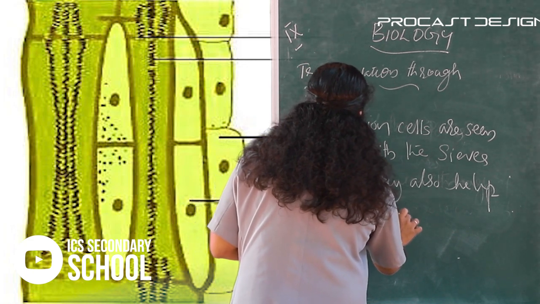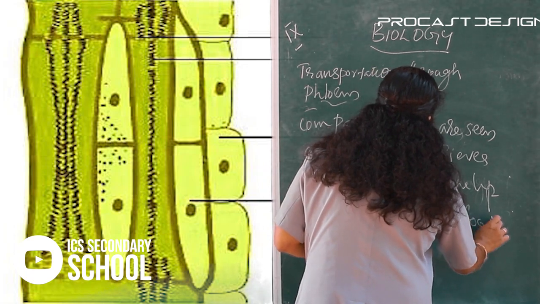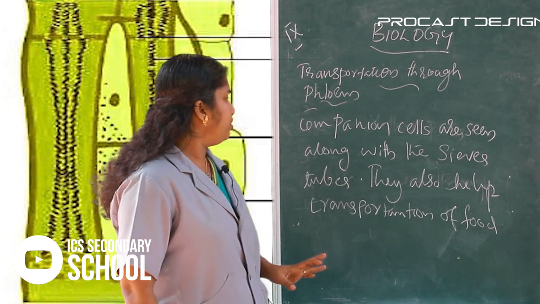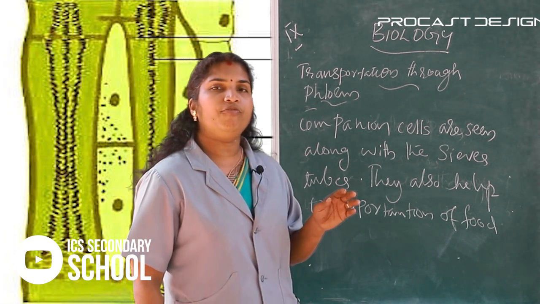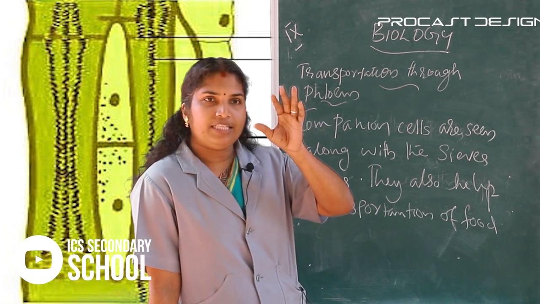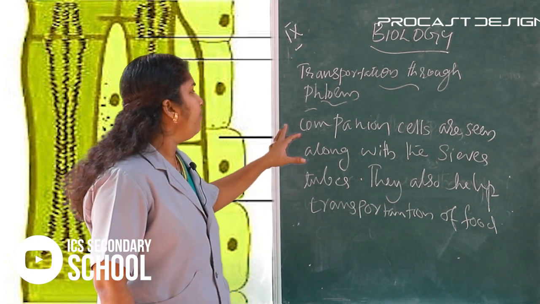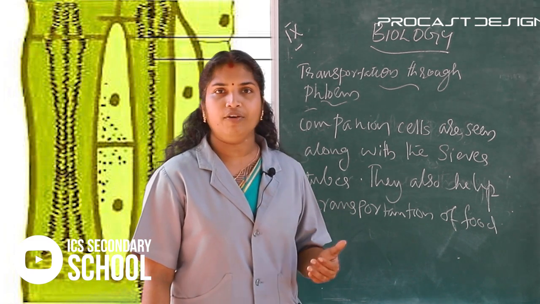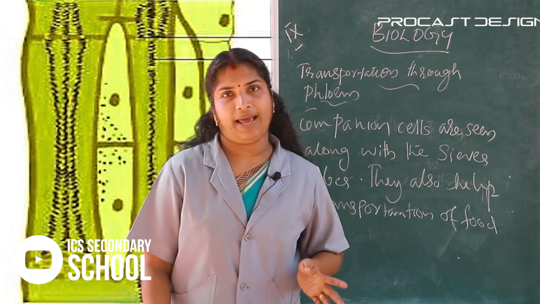Transportation of food. Last point: companion cells are seen along with the sieve tubes and help in the transportation of food. The food, in the form of sucrose, is transported from the leaves where it is synthesized to the different plant parts with the help of the sieve tubes. The companion cells also help in the conduction of food from the leaves to different parts of the plant body.